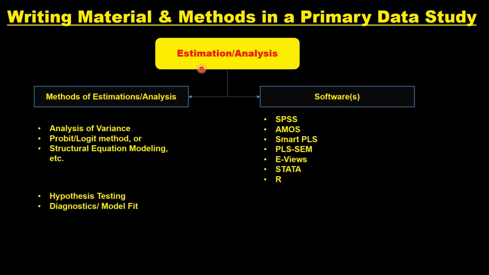After the validity and reliability confirmation of the data collected, the next step is the estimation or analysis methods used in the study. It is also necessary to provide a description of the estimation methodology used in the statistical methods. For instance, whether the researcher used analysis of variance, probit regression, logistic regression, or structural equation modeling, to name a few.